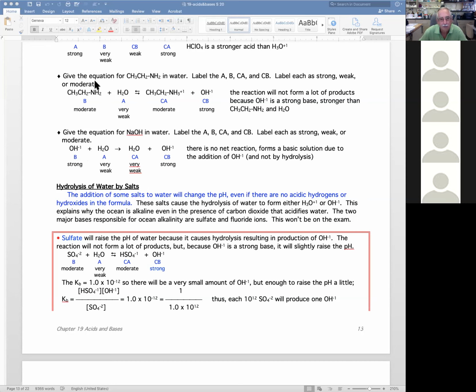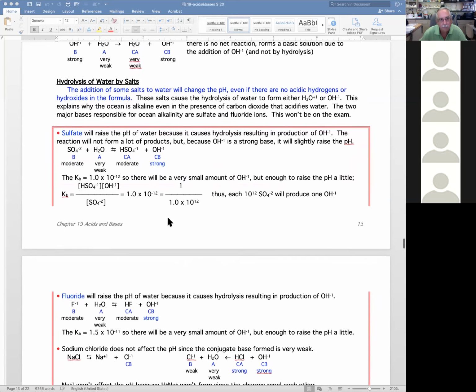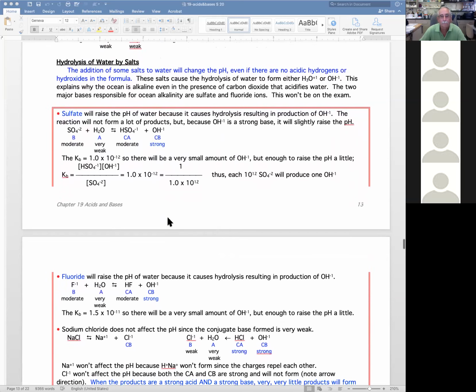So understanding this part right here is really key to being able to understand the hydrolysis of water by salts. So the addition of some salts to water will change the pH, even if there's no acidic hydrogens or no hydroxides in the formula.